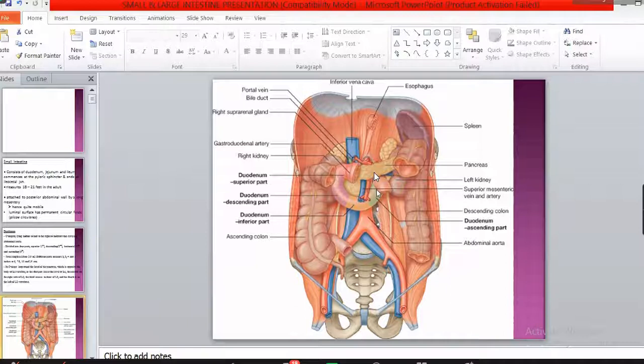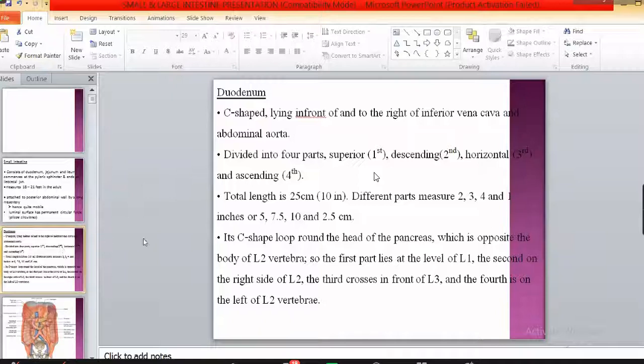So this duodenum here is divided into four portions. Superior, which is the first part, the second part is descending, the third part is horizontal, and the fourth part is ascending. Its length is about 25 centimeters, which is about 10 inches.